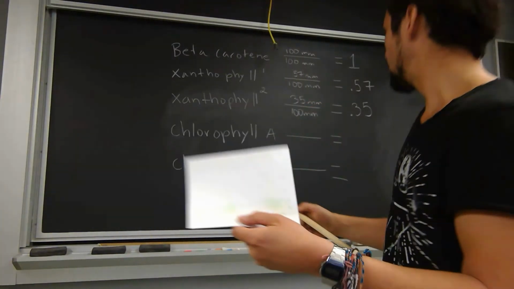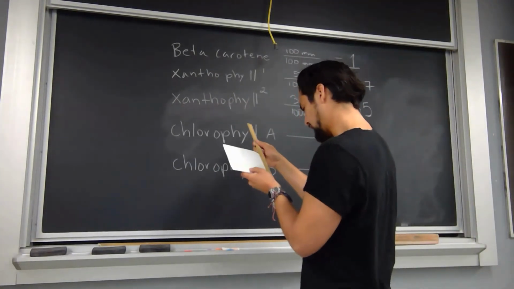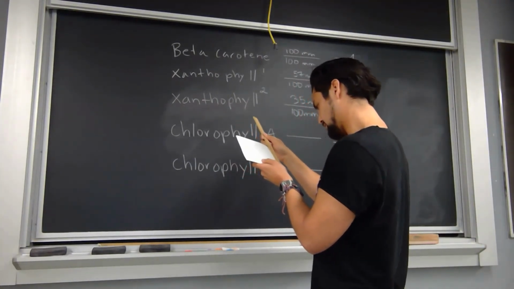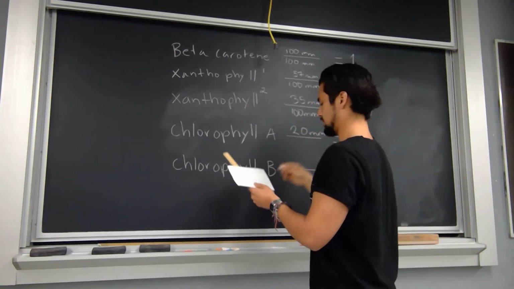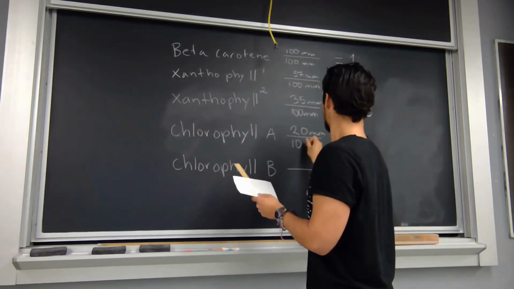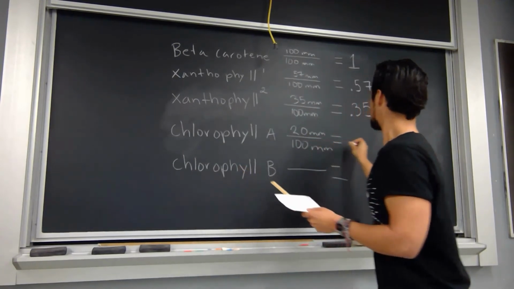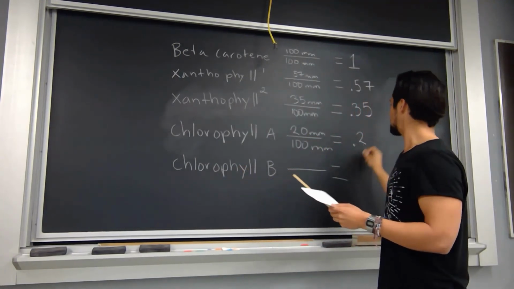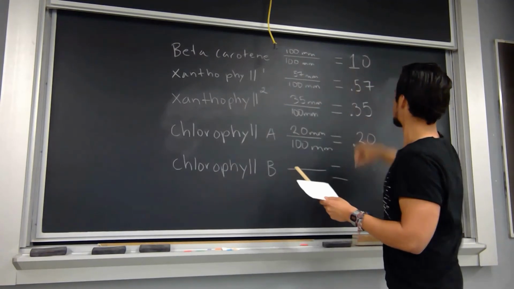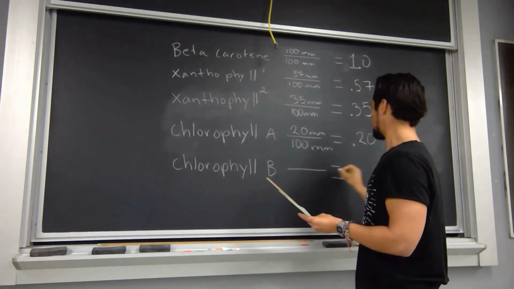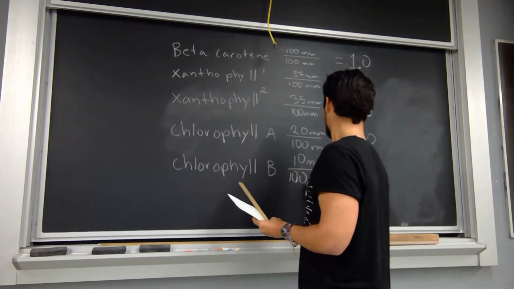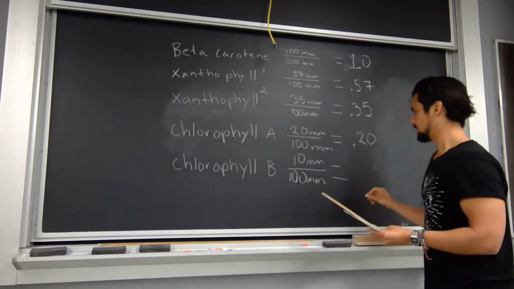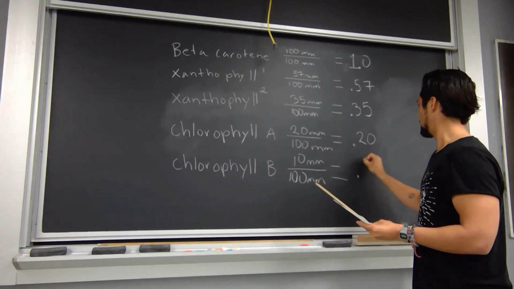So the top one is chlorophyll A. That one ran about 20 millimeters over 100. Give this an RF value of 0.20. And then our last value is 10. It's 10 millimeters over 100 millimeters. That gives you 0.1.